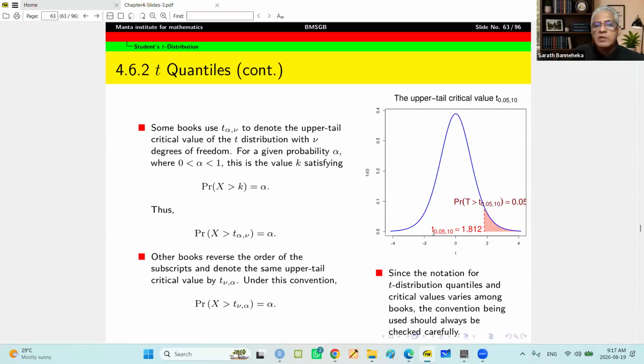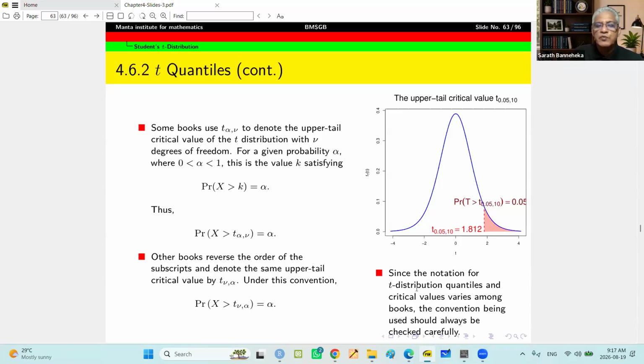In this case, this value is still the same value, but now it is denoted as t.05, 10 instead of t.95, 10 according to this notation. It might even also be denoted as t 10, 0.05, according to this notation here. But in that case, as I mentioned, definitely we know 10 is the degrees of freedom and 0.05 is the alpha value. So there will be no confusion in that case, right?